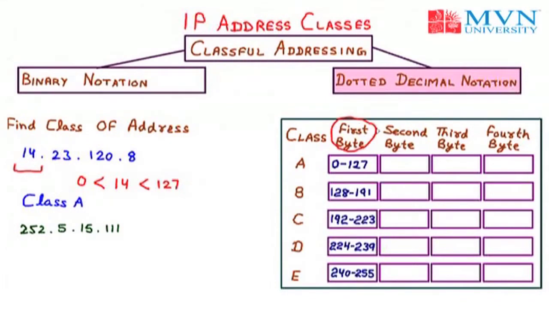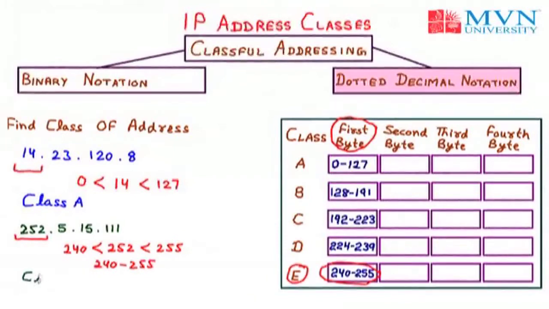The first byte is 252. Now this 252 comes into the range of 240 to 255. It is greater than 240 and less than 255. So the range is 240 to 255. That means this is of class E.